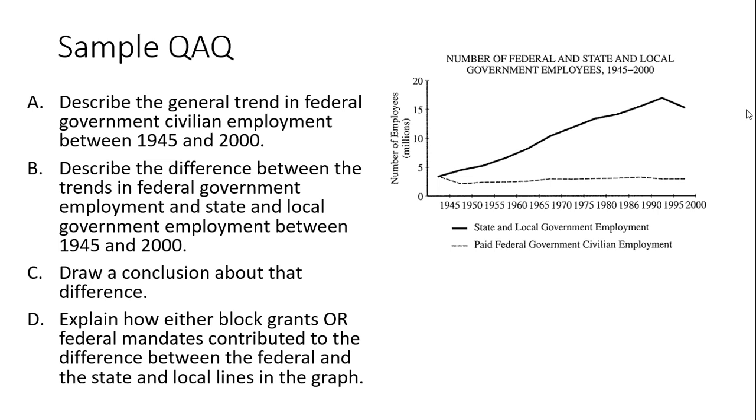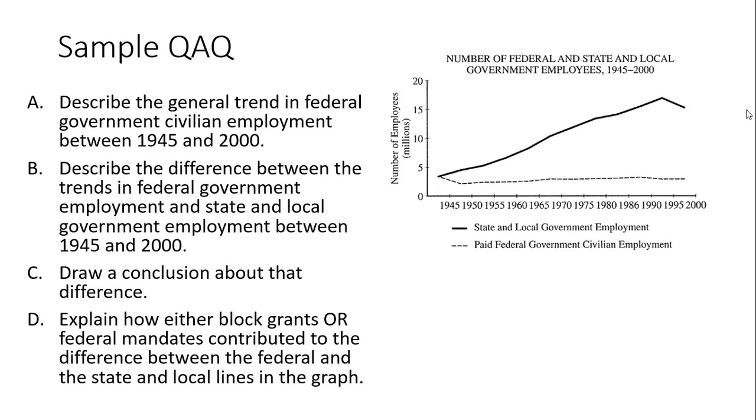Now in B, you're being asked to compare the two lines. Describe the difference between the trends in federal employment and state and local employment. So now you have to look at state and local employment and say, okay, well, that number had steadily increased. The trend amongst state and local government employees has been a steady increase.